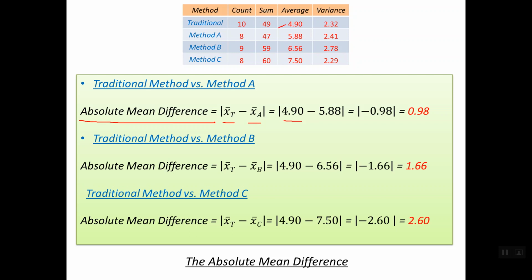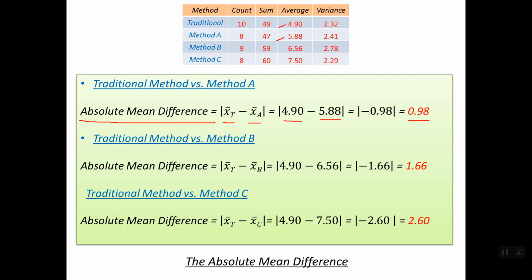It is inside the above table. And regarding the average for method A, it's 5.88. Again, it is inside the table. So the result is the difference between the two means is 0.98.